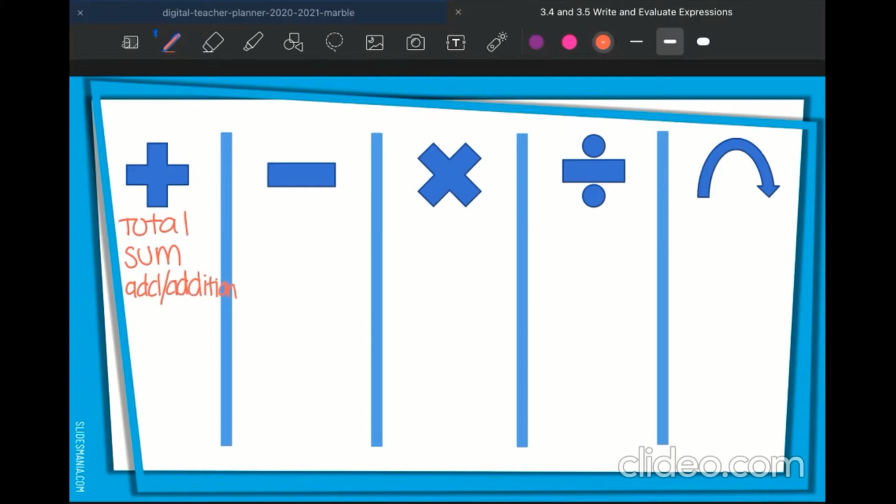Kennedy? All together. Kennedy, you're very smart. You were the only one to look up there. What are some more, Chloe? Combined. Aubrey. Increased by.